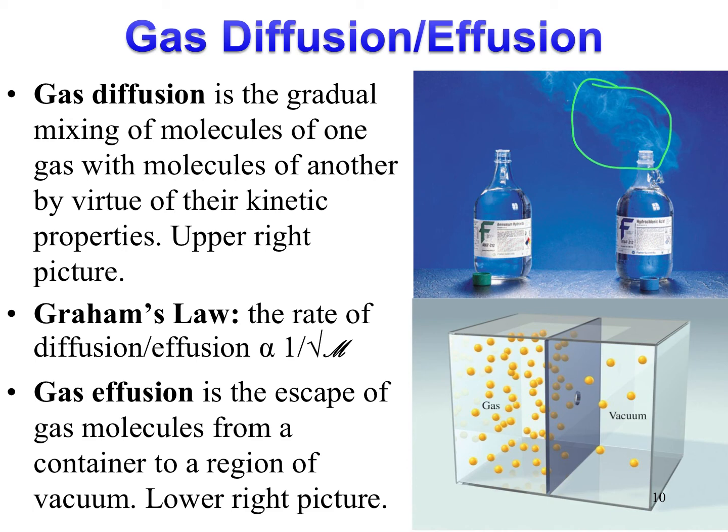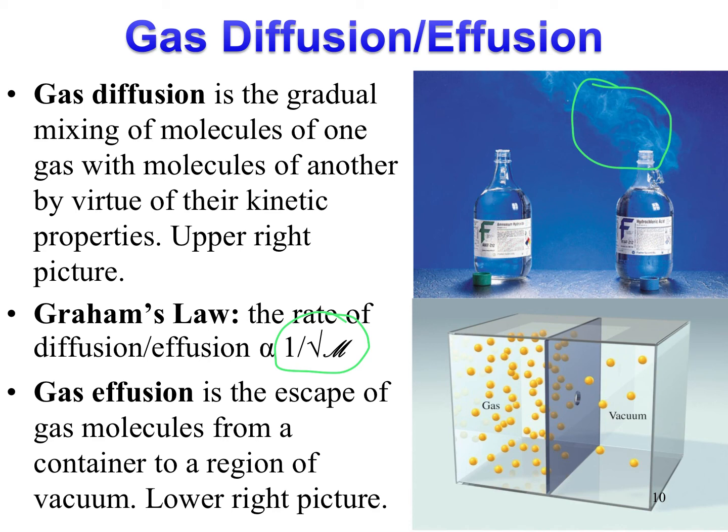Not only does this picture show that the ammonia and the hydrogen chloride diffuse through the air, but it also demonstrates Graham's law. Graham's law states that the rate of diffusion, or effusion, is inversely proportional to the square root of the molar mass. This basically means that the larger the mass of the gas, the slower it moves.